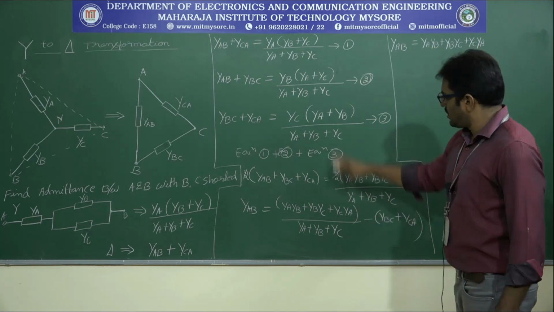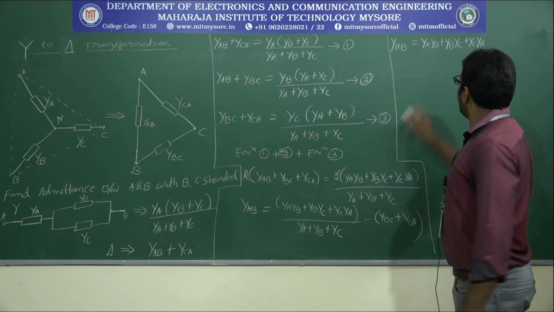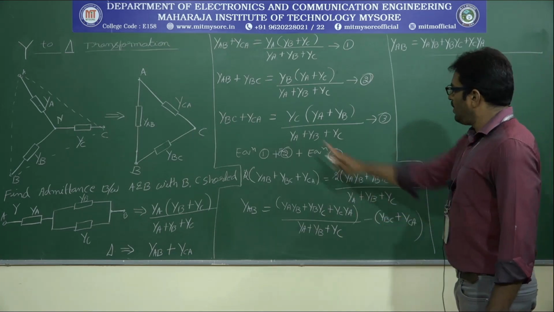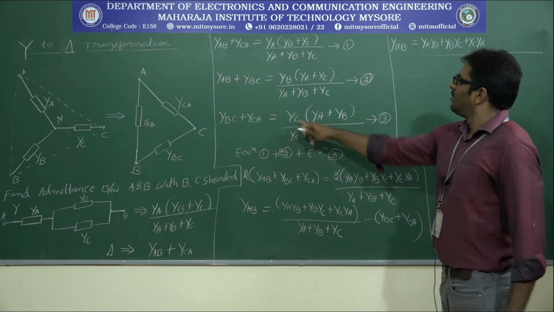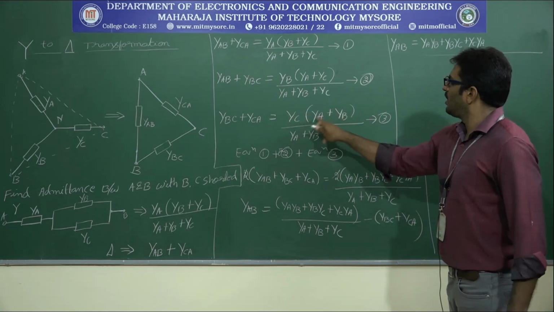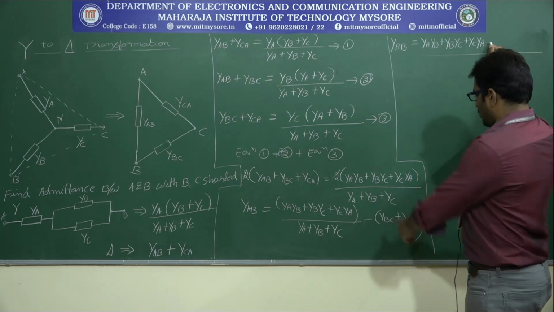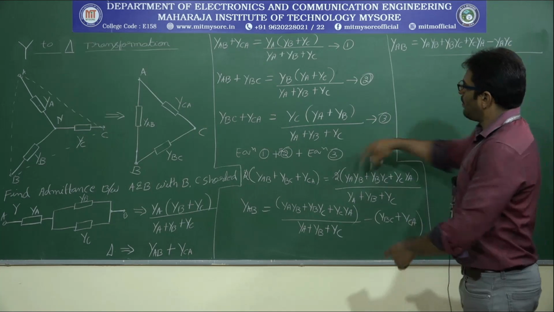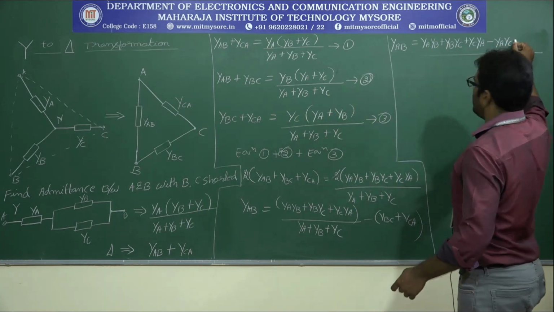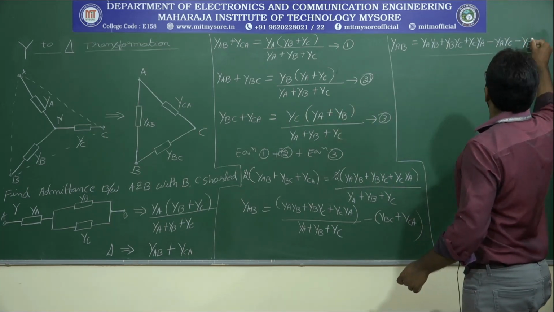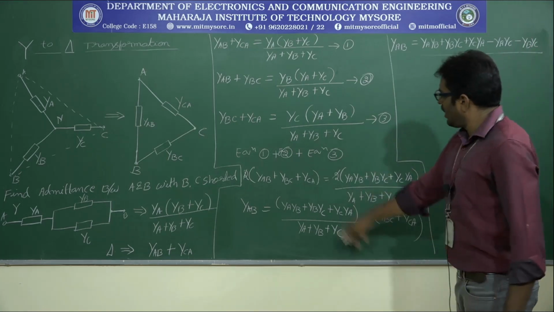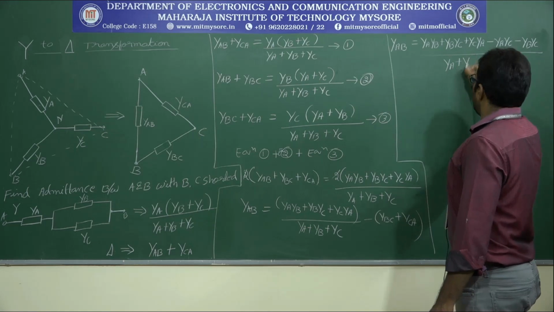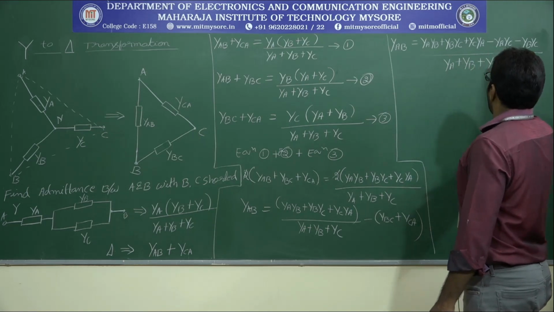The denominator is the same, so let me consider the common LCM. Then the RHS is minus YA into YC, again minus into plus, minus YB into YC, with the denominator YA plus YB plus YC for both.